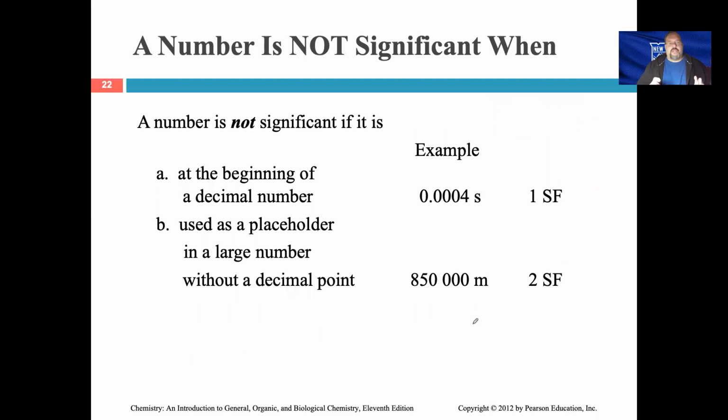Now let's take a look at zeros when they're not significant. Because a number that is not a zero is always significant, it just comes down to the zeros. So a zero is not significant if it is letter A, zeros at the beginning of a decimal number.